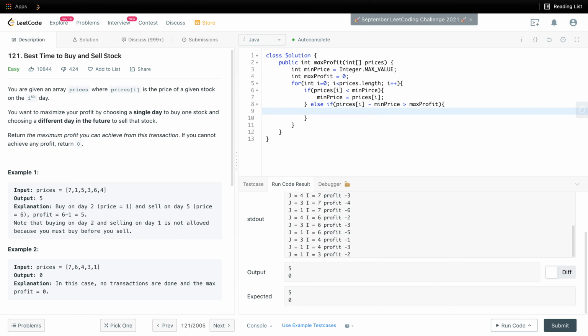If this is the case, in that case I'll update my max profit to prices of i minus minimum price, and at the end I can return max profit.